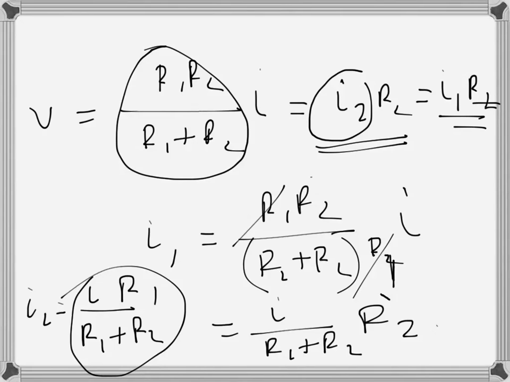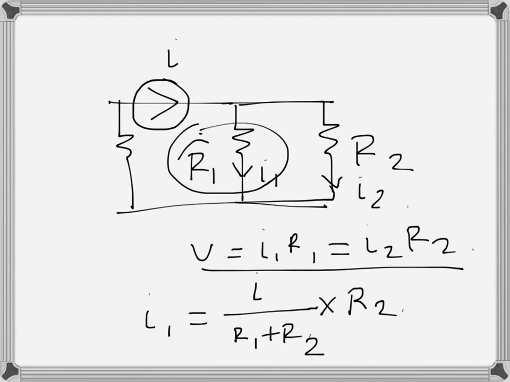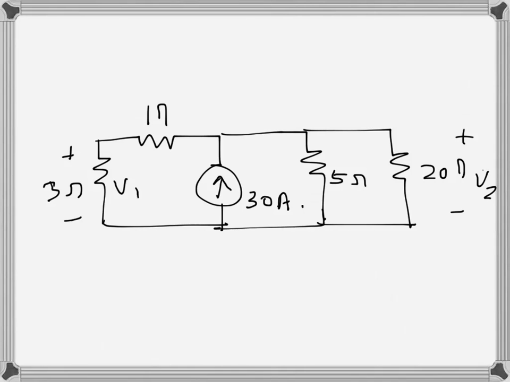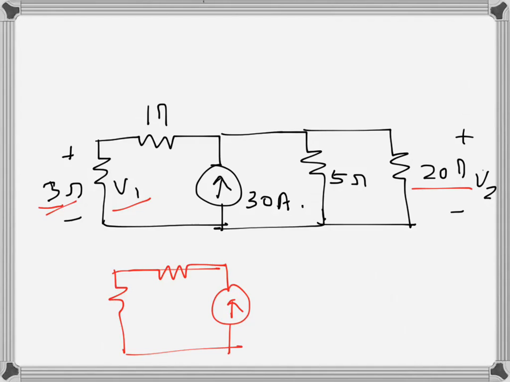So I will do an example problem. Here is a circuit, and we need to find V1, the voltage across this resistor, and V2, the voltage across this resistor. First, there are parallel branches: 3 plus 1 is 4 here, and these two together, 5 and 20, are parallel.